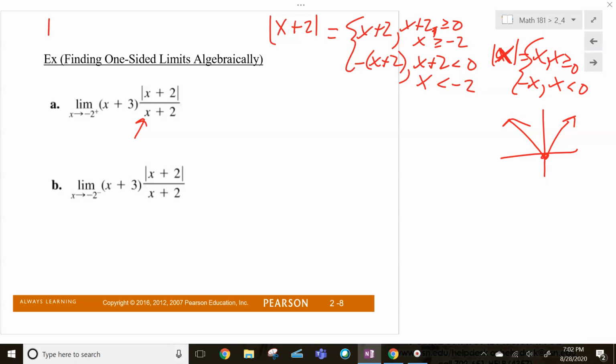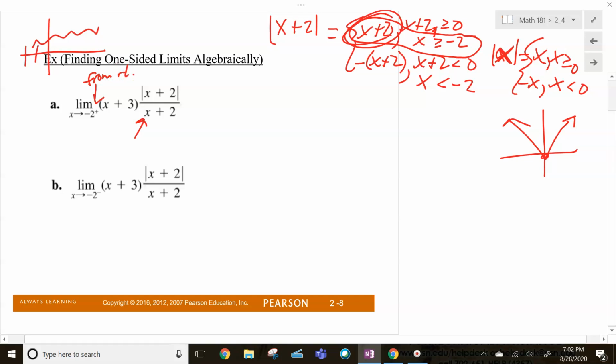Well, if I'm approaching -2 from the right, I'm picking when the x values are greater than or equal to -2, right? I'm picking this case right here. So the regular old x plus 2, because I'm coming from the right. So I'm going to use the case 1, if you will.